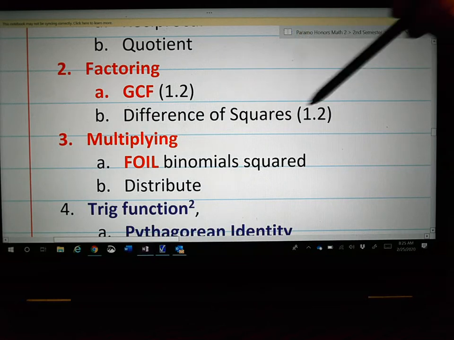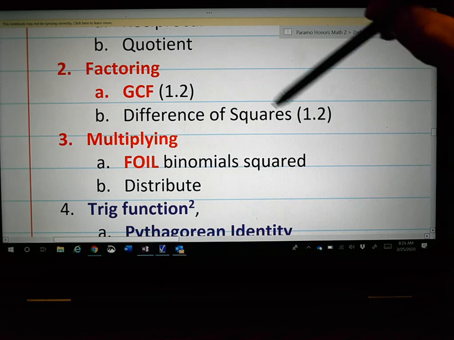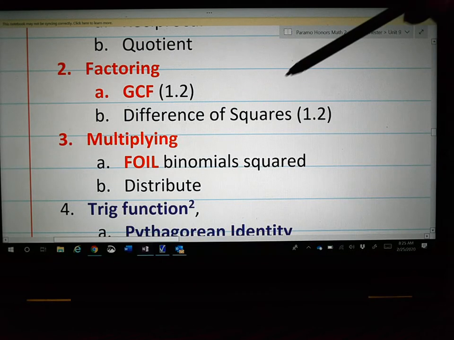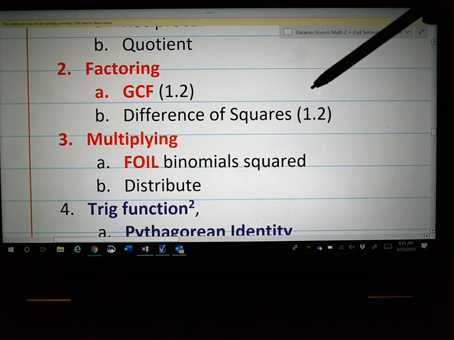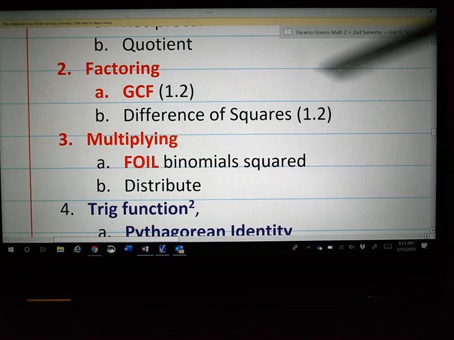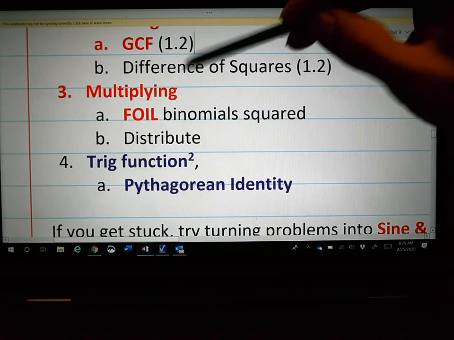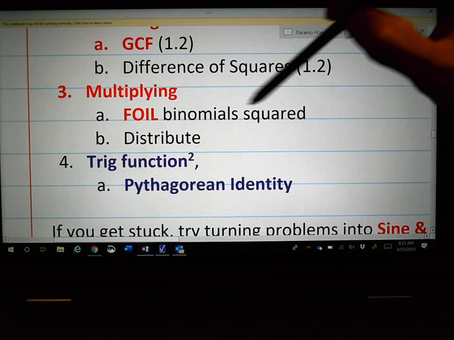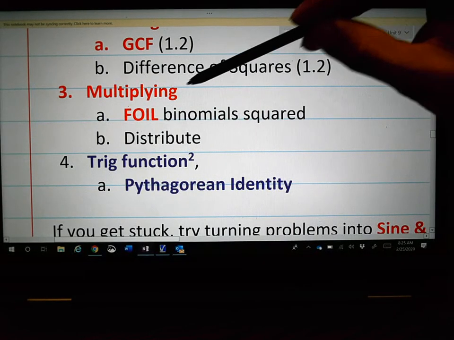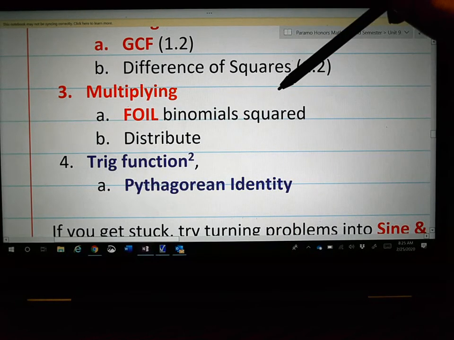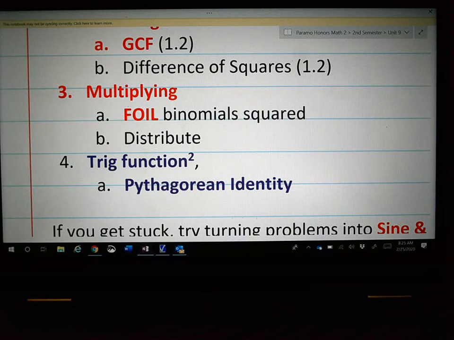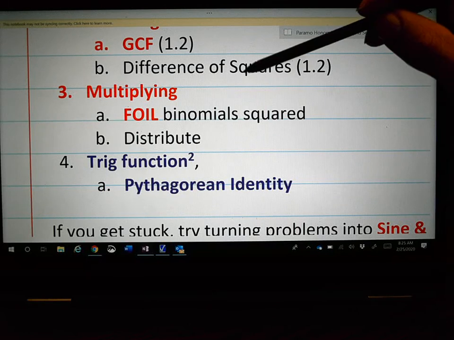But the only difference is, in difference of squares, you might have a sine of theta or sine squared of theta minus 1. You might have to split that up somehow. You also might have to FOIL binomials squared. Sometimes that will get you something squared, and that will help you use a Pythagorean identity.